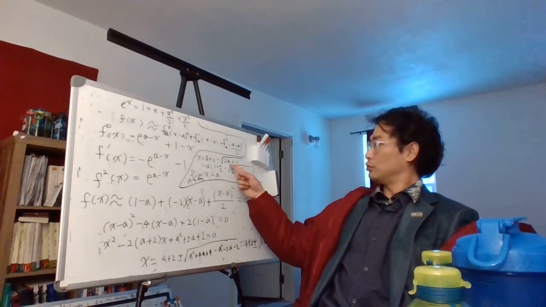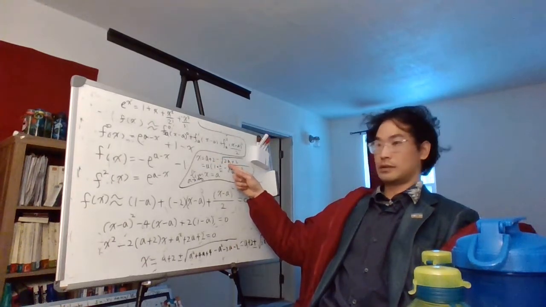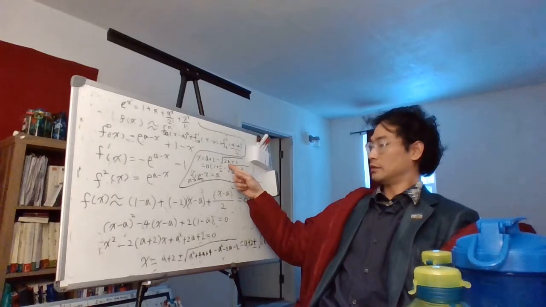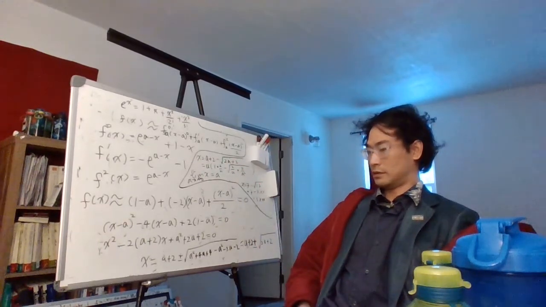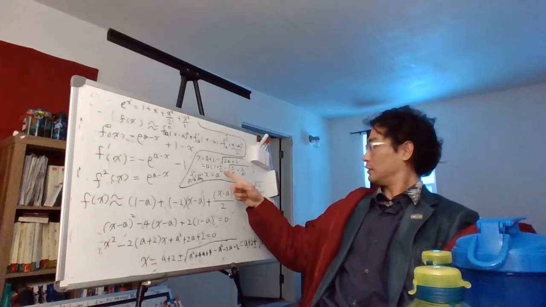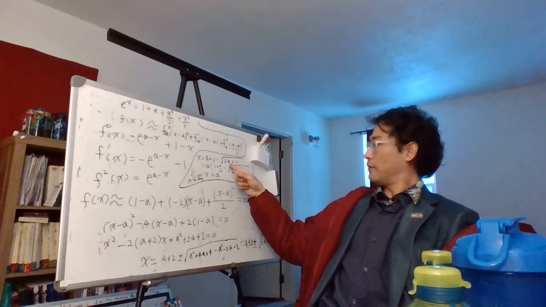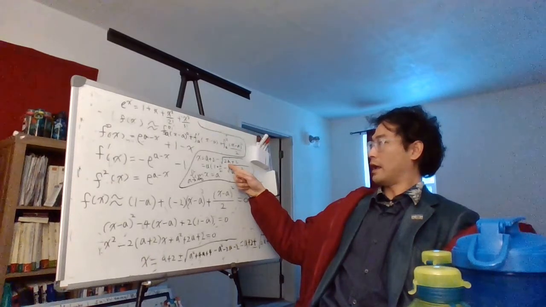When a is equal to 2, 4 minus square root of 6. Well, that's a positive number. When a is 3, 5 minus square root of 8.